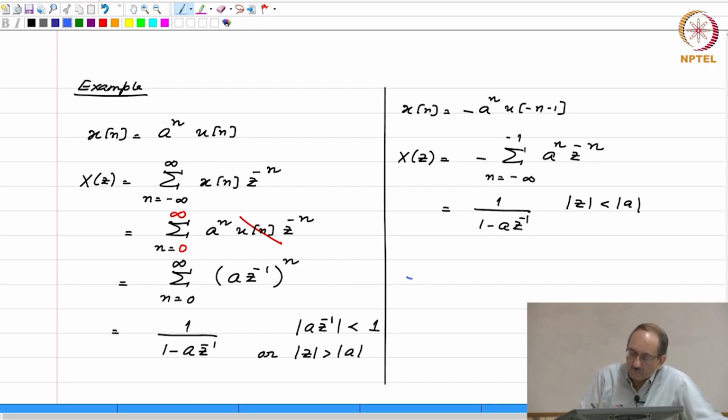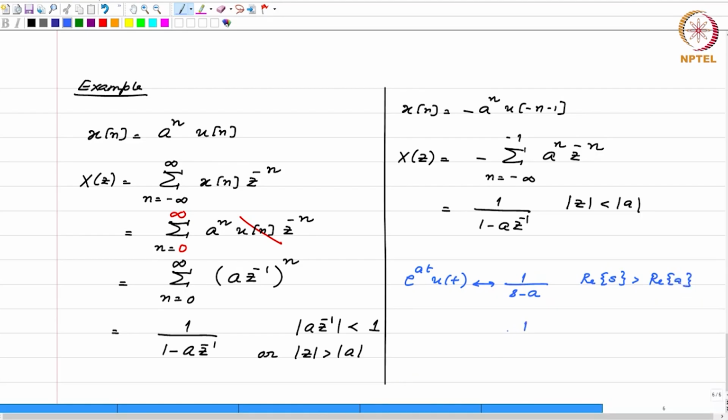There you had e to the at u of t, its Laplace transform was 1 by s minus a, and the region of convergence was real s greater than real a.